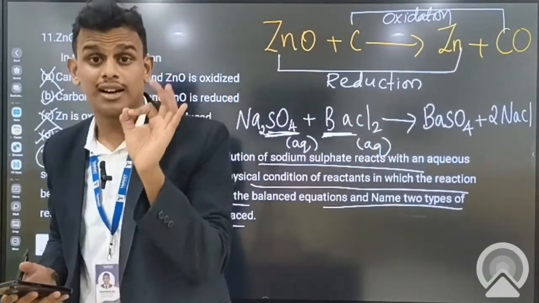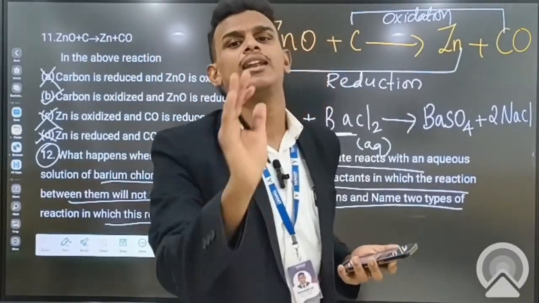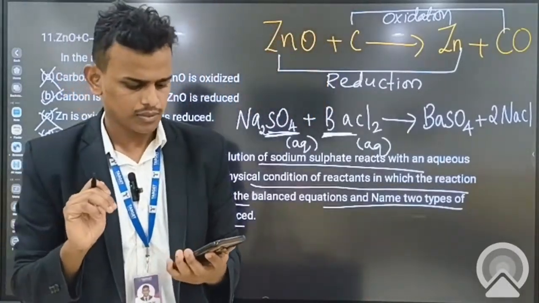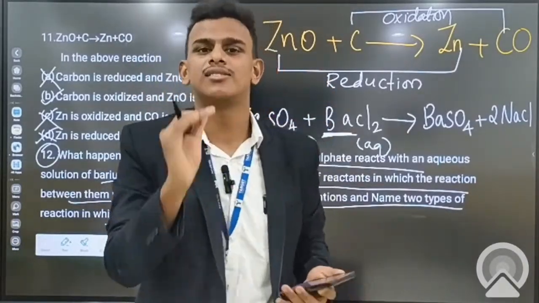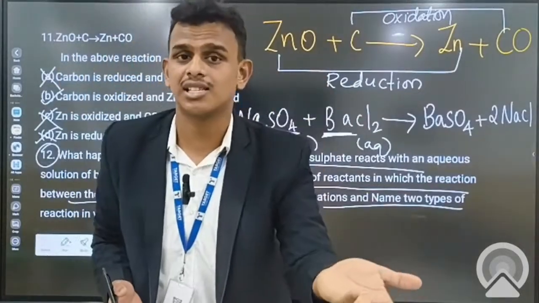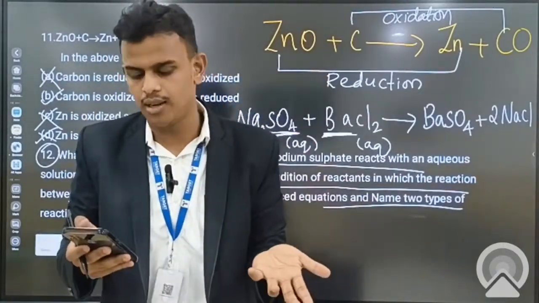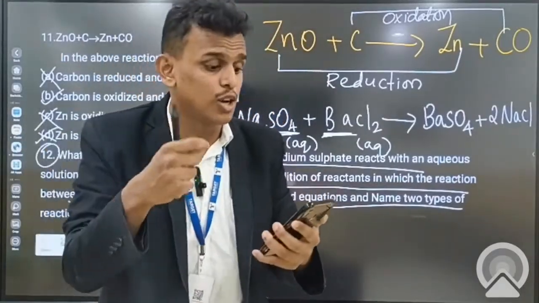You can write this point somewhere. Double displacement reaction will occur only in aqueous solution. Strictly in aqueous solution. Otherwise, this reaction will not occur. Why? Some teacher, maybe in your next exam, will ask why it will occur only in aqueous solution. Because in double displacement reaction, there occurs exchange of ions.